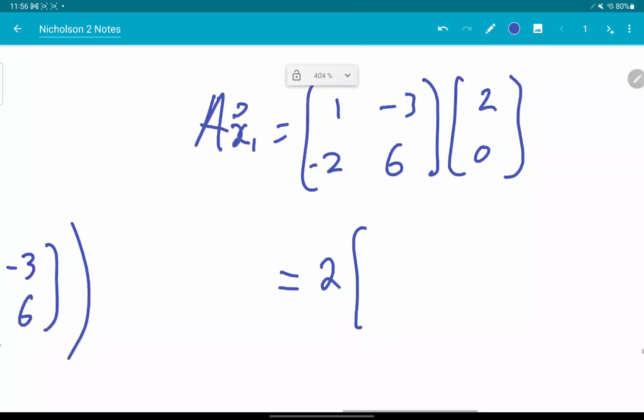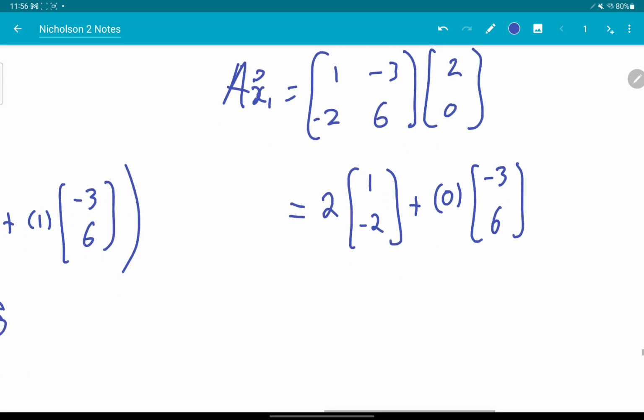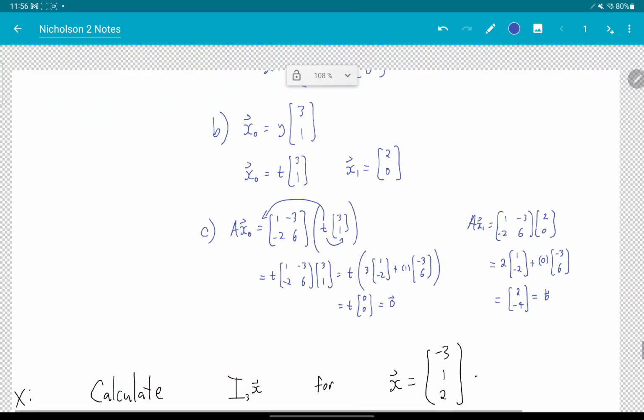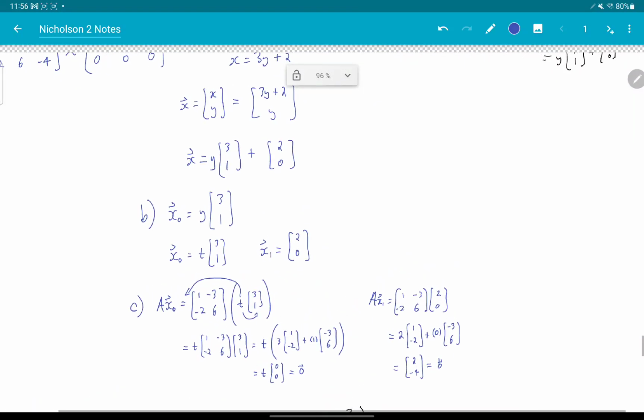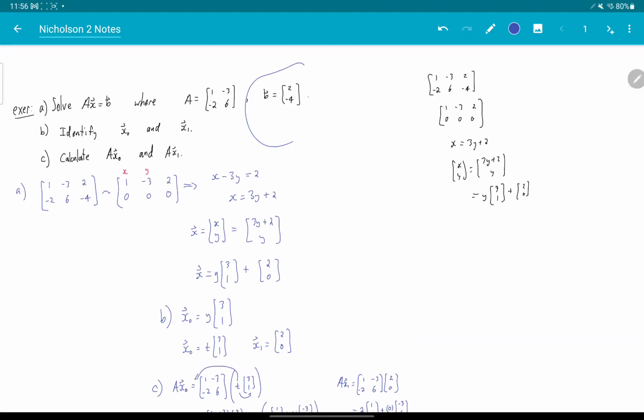Boom. 2 times the first column plus 0 times the second column. So I get 2, negative 4, which is indeed my b from the original question. I hope. Double check. Where's the b? Sorry for all the zooming in and out. There we go. 2, negative 4.